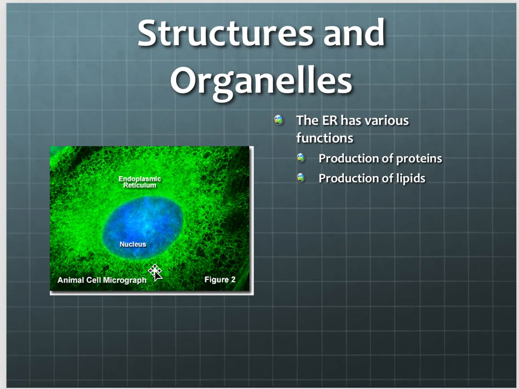It makes a copy, and it just copies that particular code or recipe for that hormone, and it gives it to a piece of RNA, and then the RNA is going to leave out through a nuclear pore, and it is going to head to the ribosome. Now, the ribosome is going to pull the proteins together.